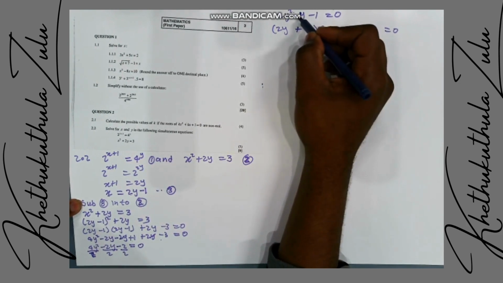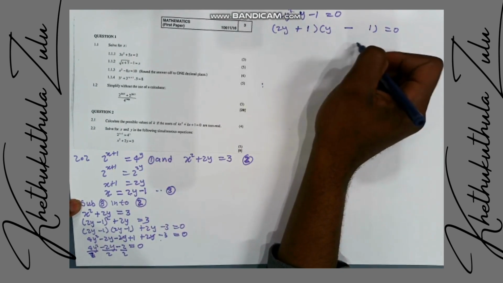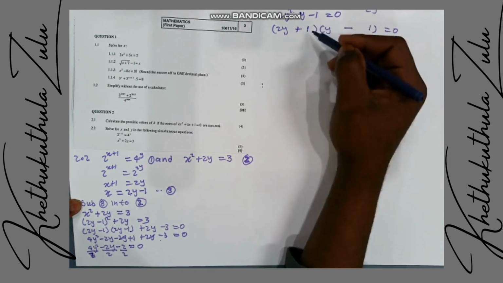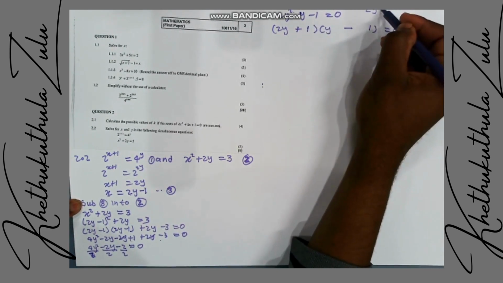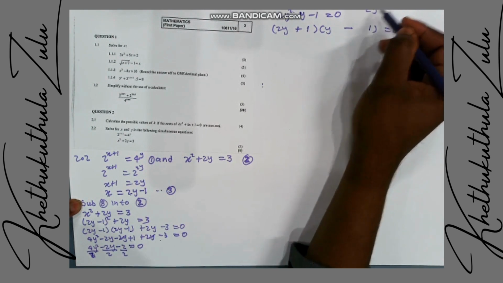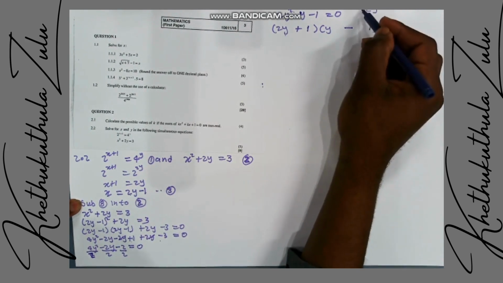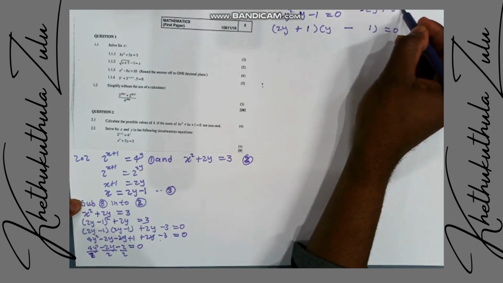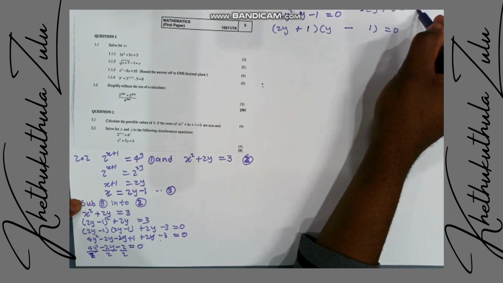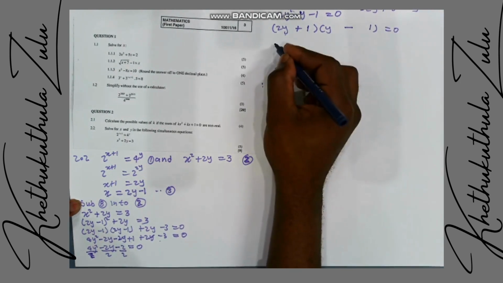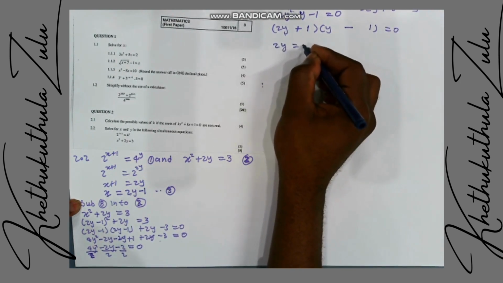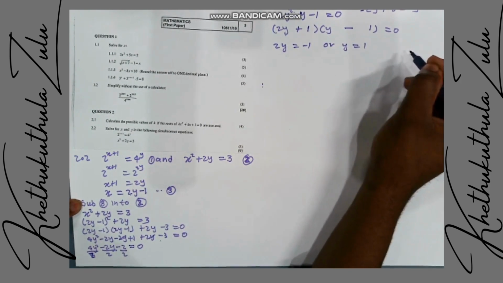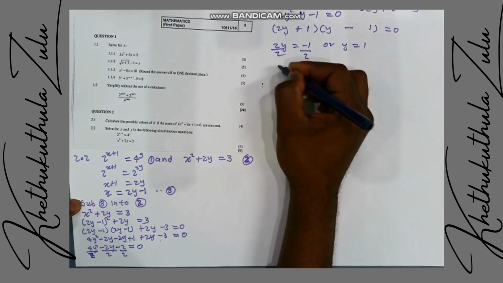And then how do we get the middle term? This times this is negative 2y, and then this times this is positive y, which gives us negative y. And from here we should just say 2y is equal to negative 1, or y is equal to 1.